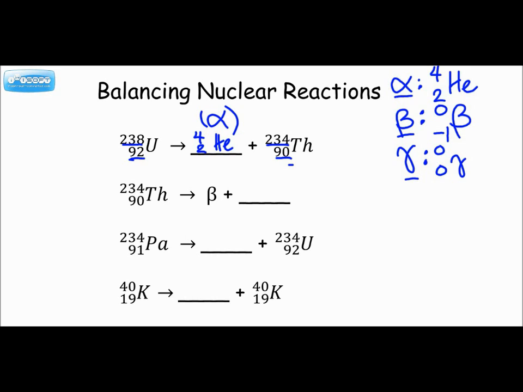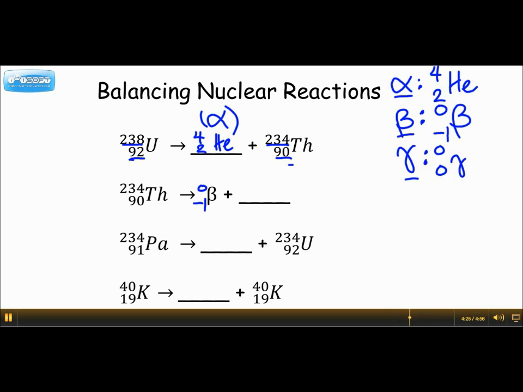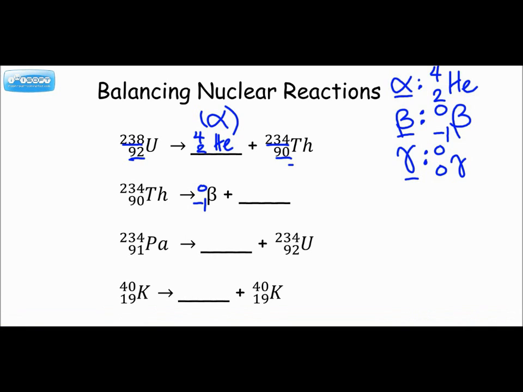For the second one, our beta means that we're not changing our weight, but we are releasing a proton from the beta particle. So 234 plus 0 gives us 234. 90, and we have a -1 here, so 90 has to equal -1 plus some number, means we're going to have a 91 here. 91 minus 1 gives you 90.